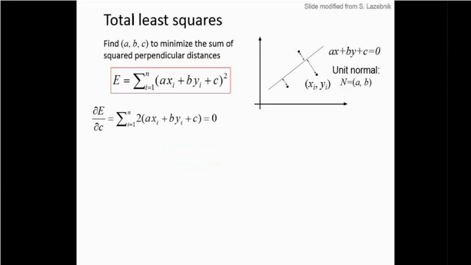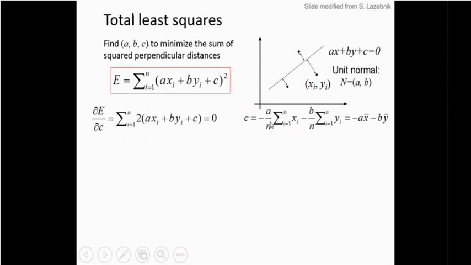I can take the derivative with respect to c, and because I had the outside squared, the derivative is just 2 times the inner part of that parentheses. Solve with respect to c, and then I get c is just negative a times the mean of x minus b times the mean of y. All I did here was take the derivative with respect to c to get here.